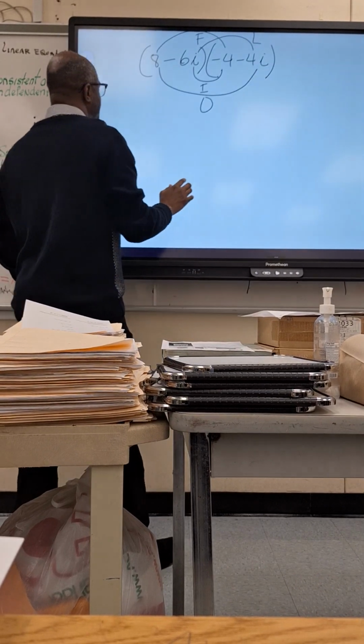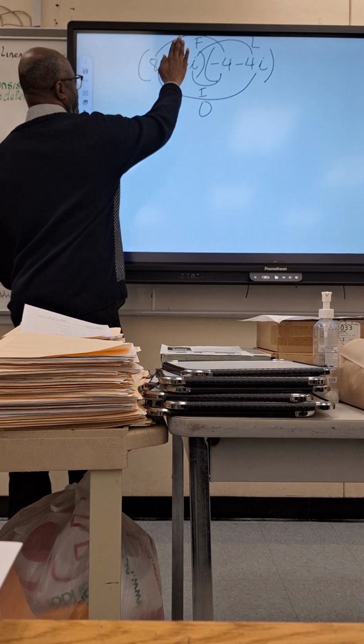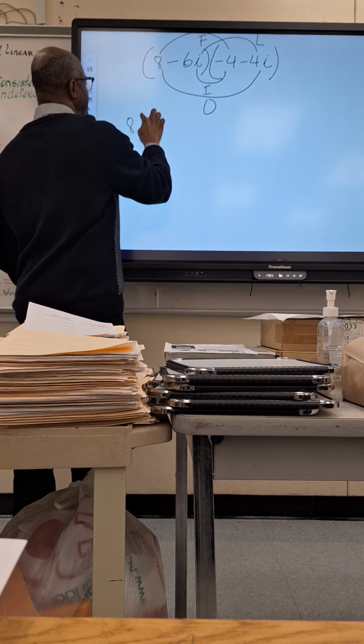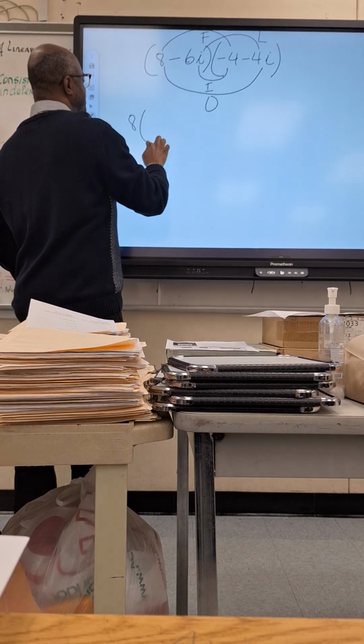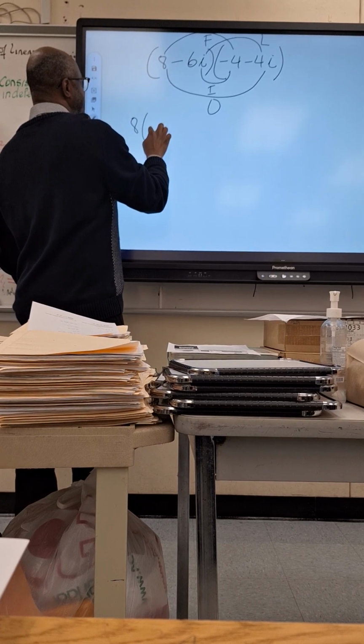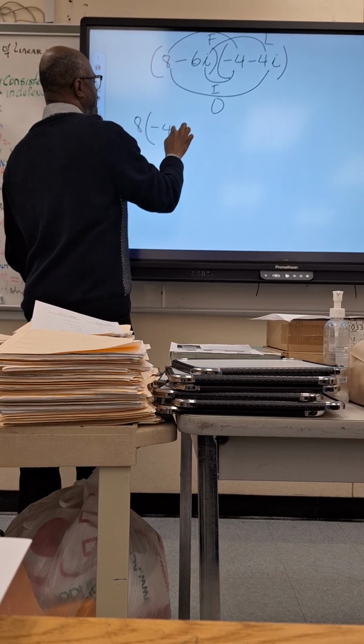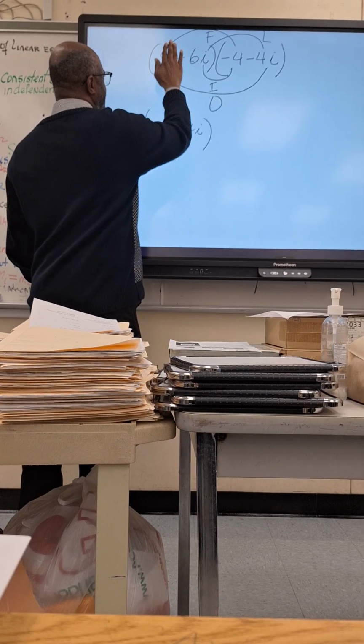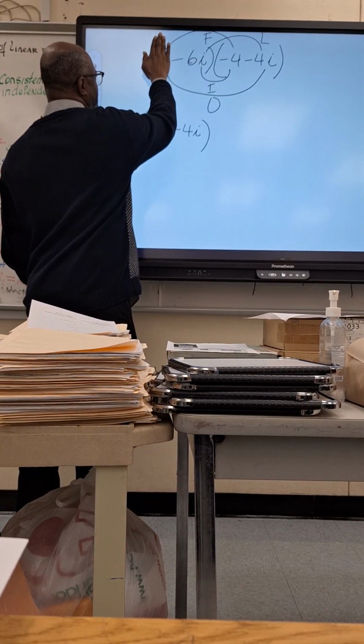So we're going to set it horizontally. If you cover this, the only thing that you see is 8 distributed by what? -4 minus 4i.